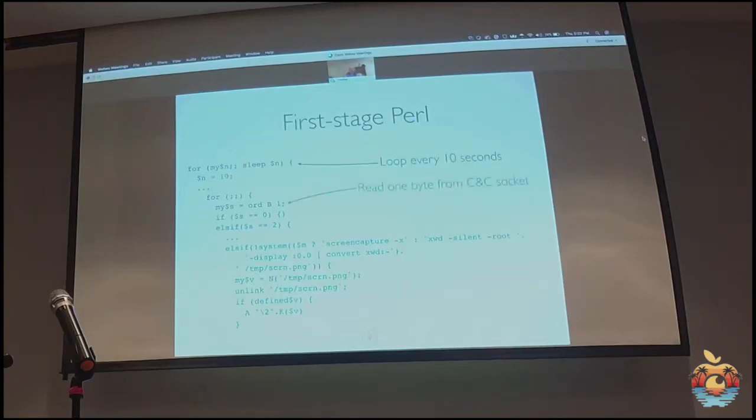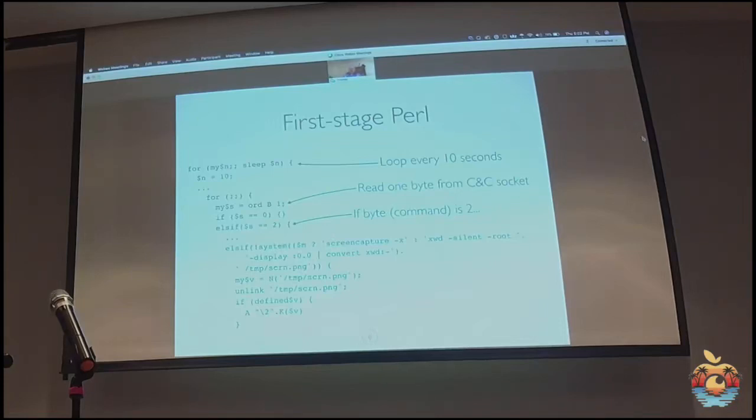Each time through, it will read one byte from the command and control server. And depending on what that byte, what number that is, it will execute different commands. And so, for example, we're showing here that byte 2 would be the command to do a screen capture.